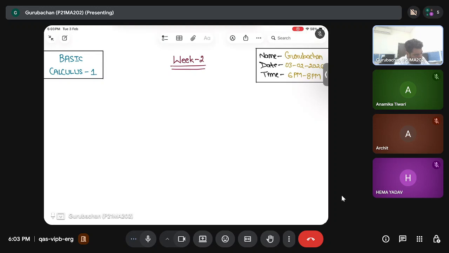So let me define formally what is the period of a function.